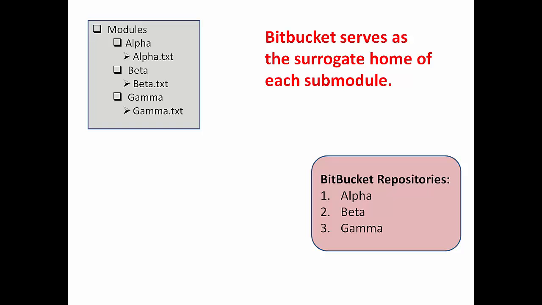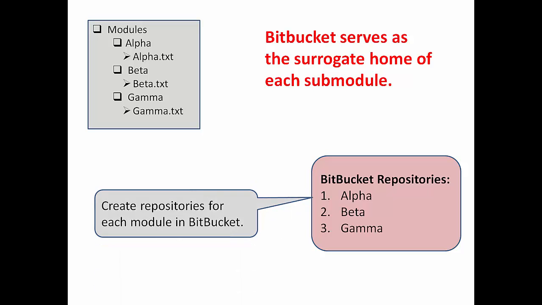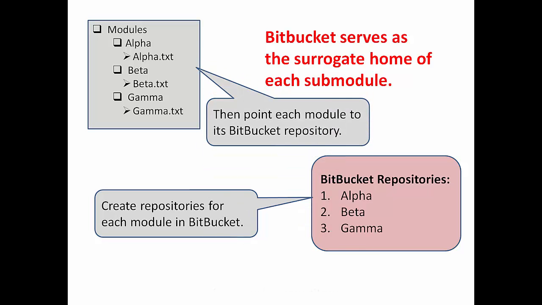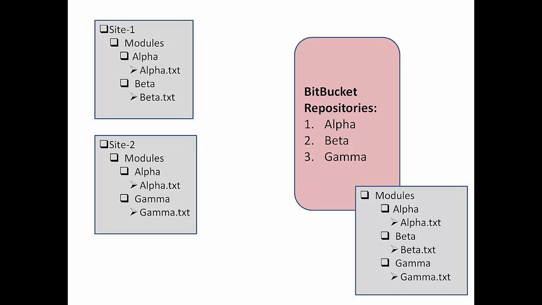Bitbucket serves as the surrogate home for each module, each submodule. So we create a repository in Bitbucket for each of the modules that we're going to work with, and then we point each module in the modules folder to its corresponding Bitbucket repository.